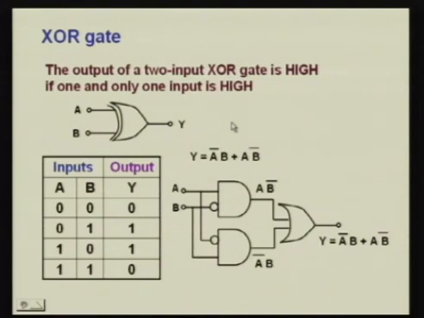They can be used in the arithmetic circuit, the arithmetic portion of any computer, and also if we have a comparator circuit where we have to compare two signals, then we can use the XOR gate. If we have two signals A and B, if both are equal, then definitely at output we will not be getting anything. That means the output will be off, or in zero state.